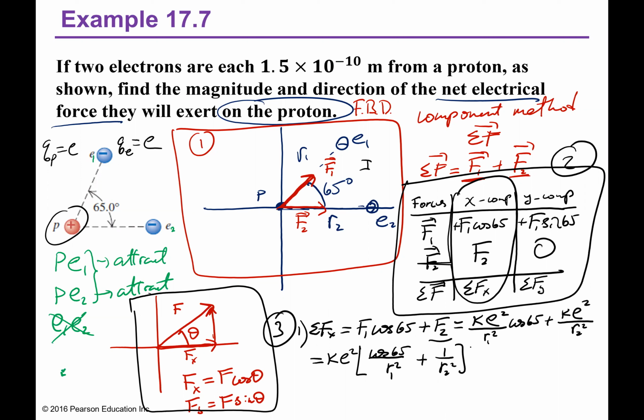Now remember, R1 equals R2 equals 1.5 times 10 to the negative 10 meters, because we're given that each one has the same distance. And the cosine is basically of the angle given, 65.